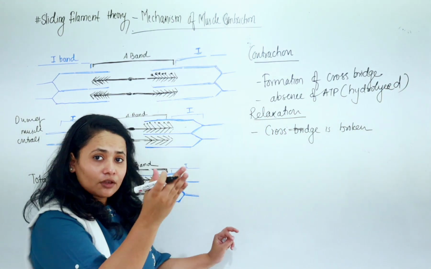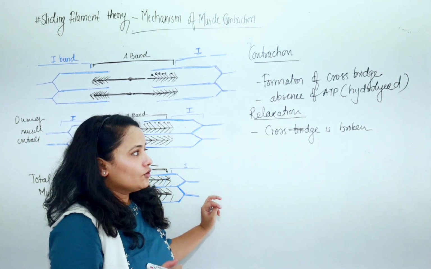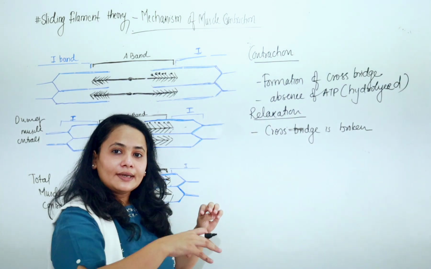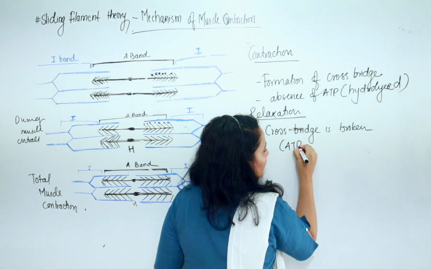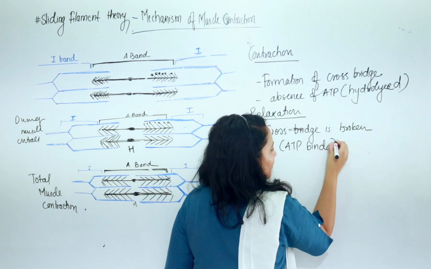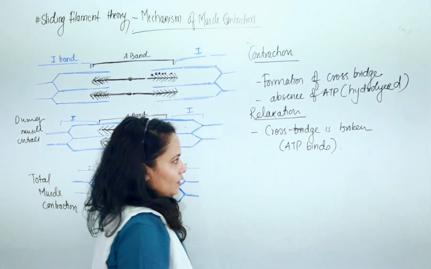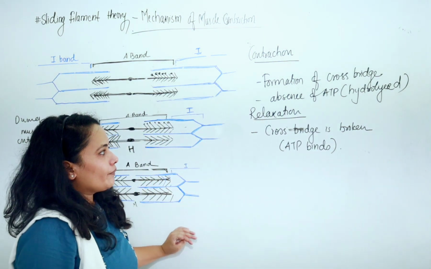ATP is broken, then the cross bridge formation takes place. And when the cross bridge is broken, at that time ATP will bind to do that. So at this point ATP binds again. Is this clear now? Okay.